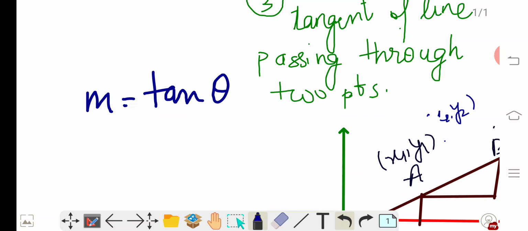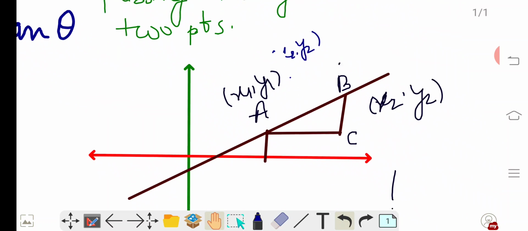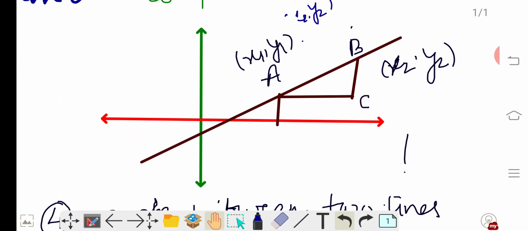Here we can find the perpendicular, which is y2 minus y1, because the distance of BC is y2 minus y1, since the distance from the x-axis to B is y2.